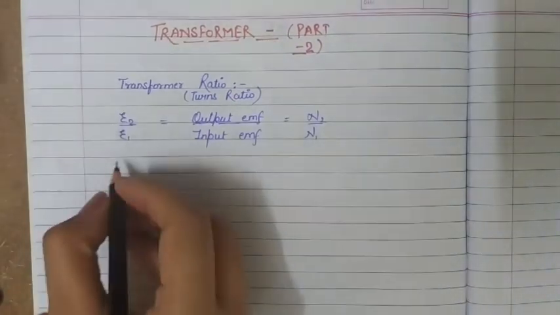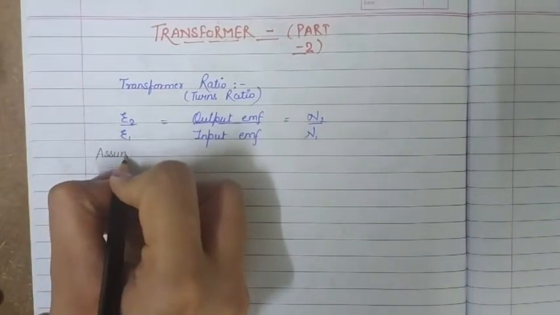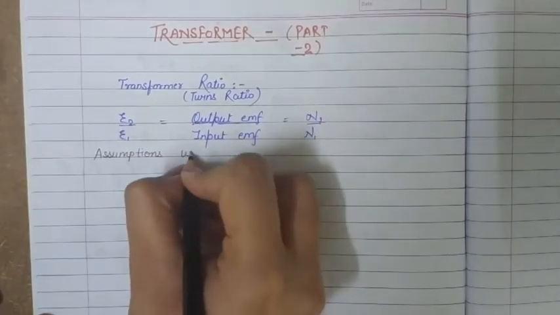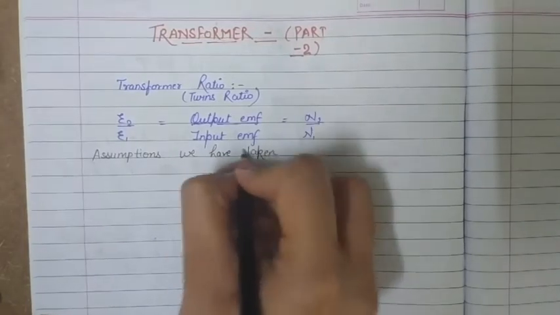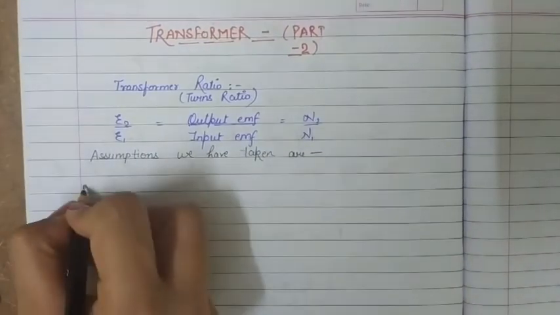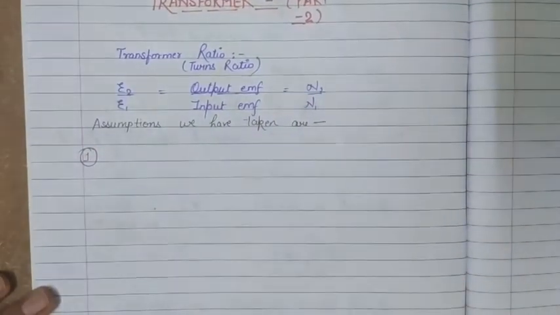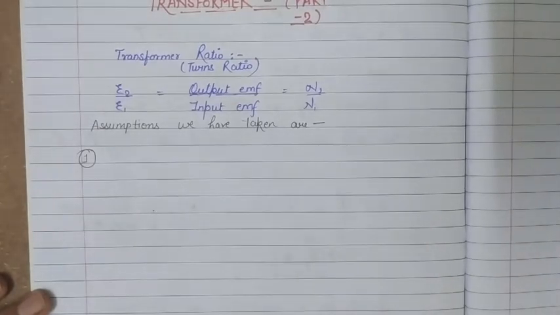So these assumptions that we have taken are: first, in the starting we considered that the terminal of the secondary coil is open, means there is no load connected to the secondary coil.